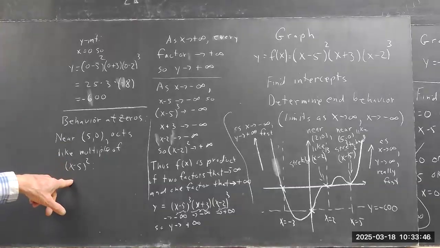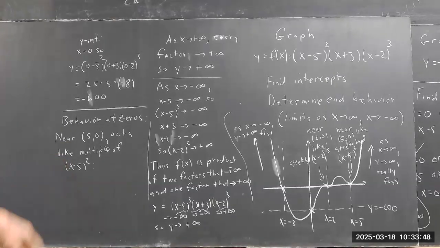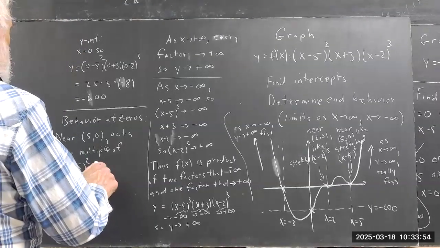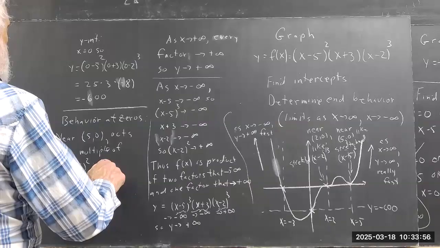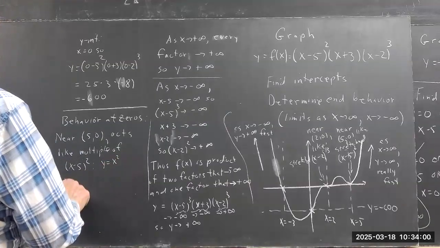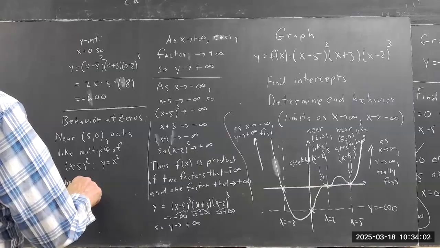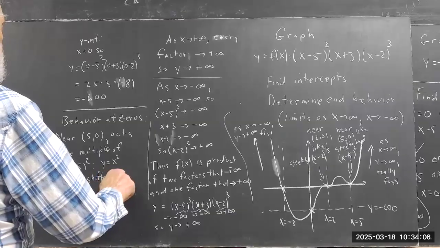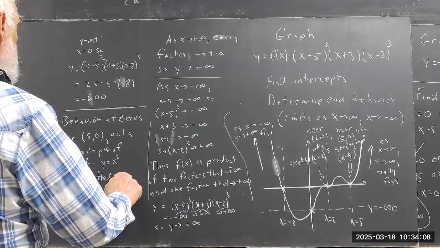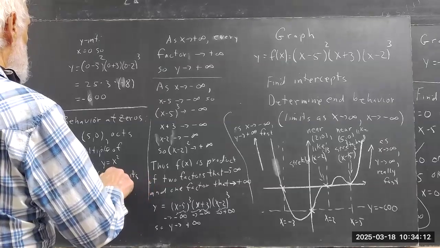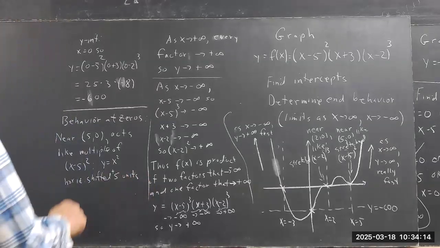It's a multiple of x minus 5 squared. Y equals x squared, horizontally shifted plus 5 units.